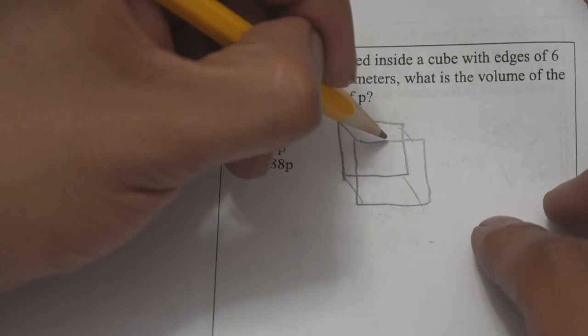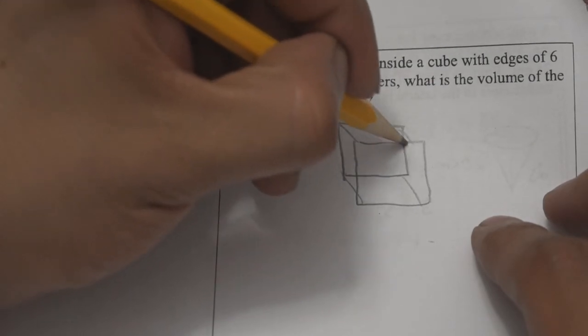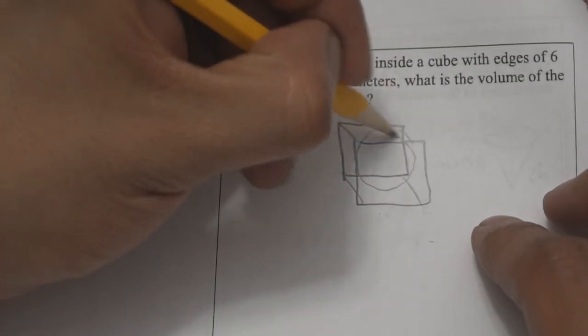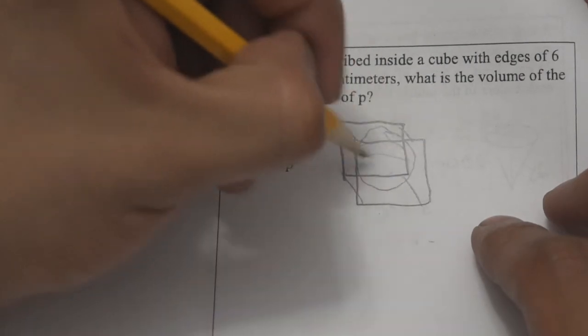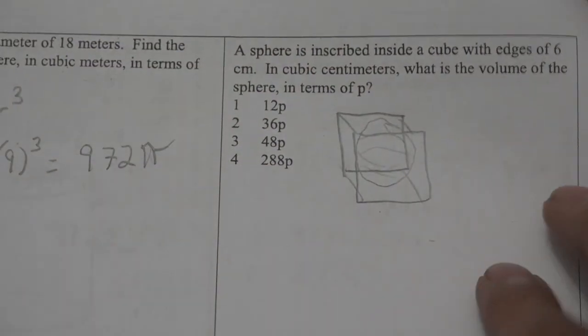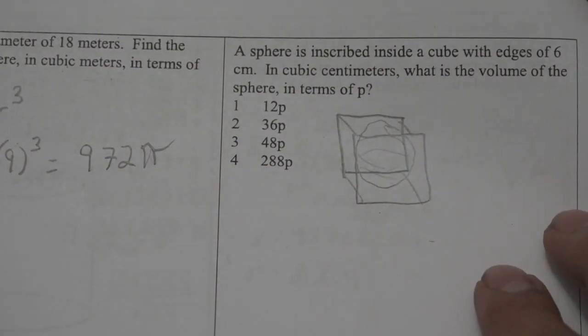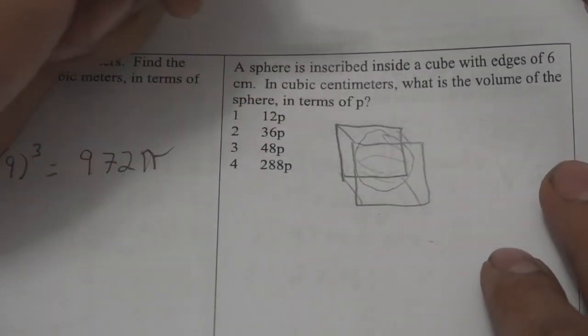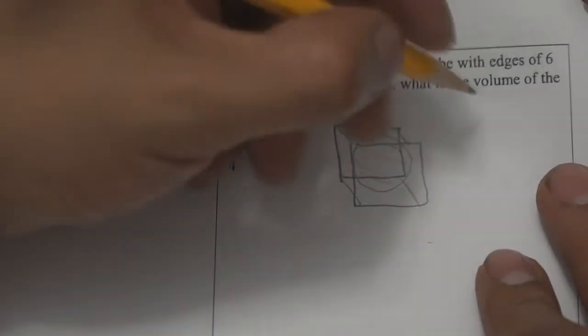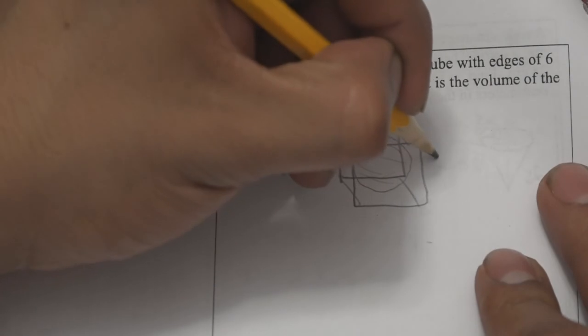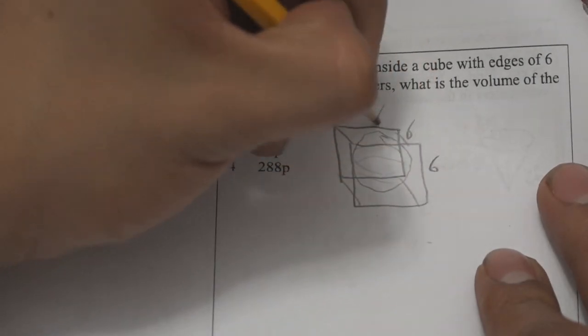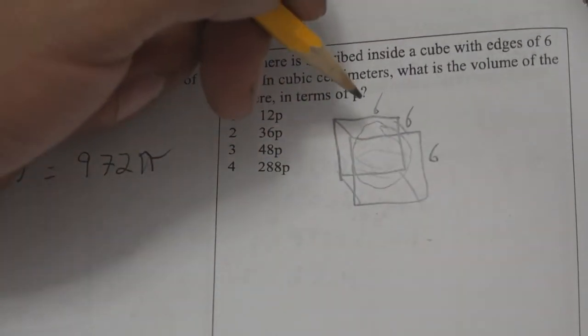I don't know how I'm going to draw the sphere. Something like that. The cube has edges of 6 centimeters: 6, 6, 6. It's a cube, so it's made out of squares.